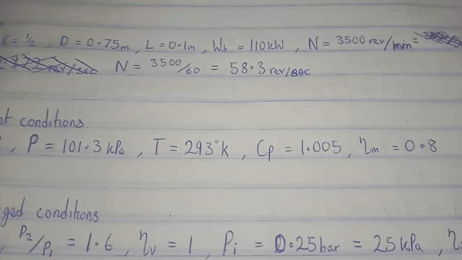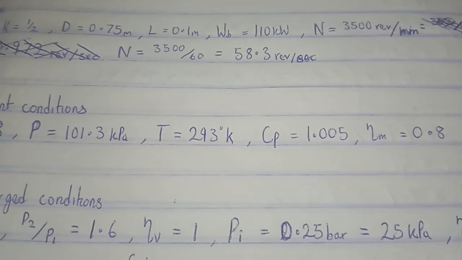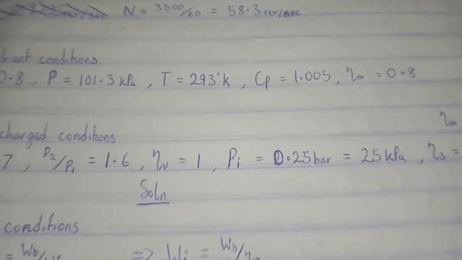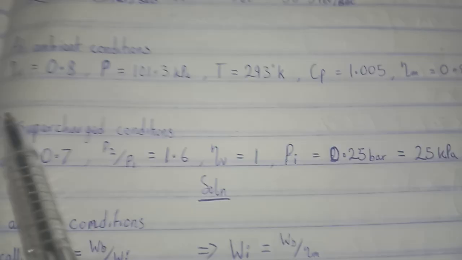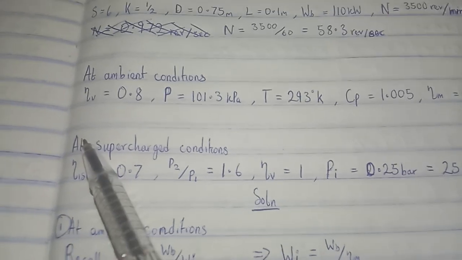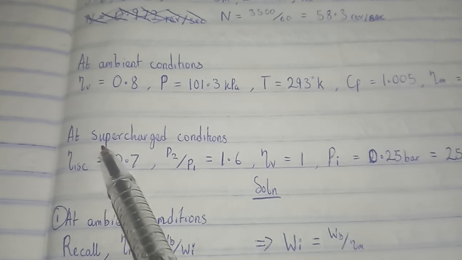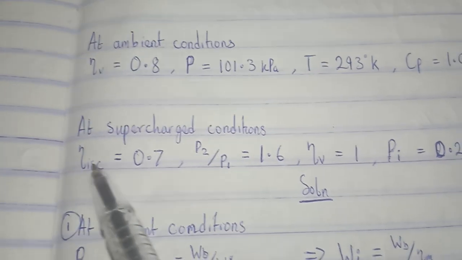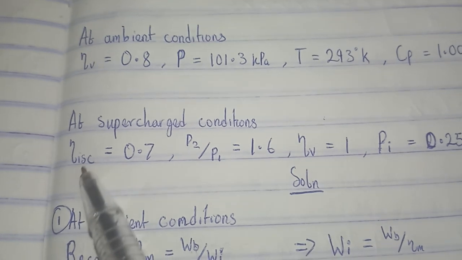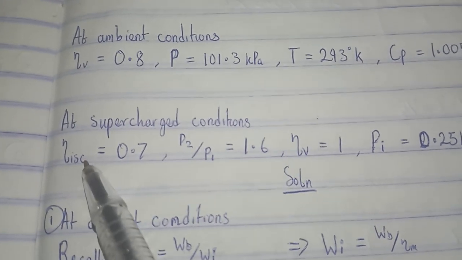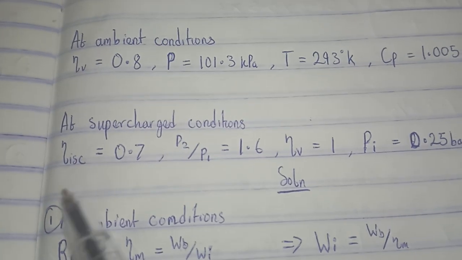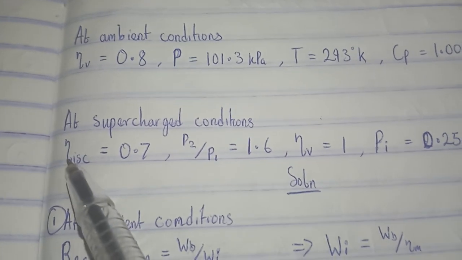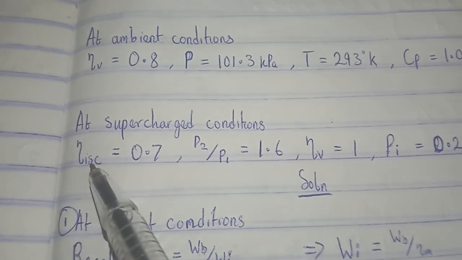Now the engine is fitted with a mechanically driven supercharger. So we're now at supercharged conditions, and the isentropic efficiency they're talking about relates to the compressor, because the supercharger is around the compressor area.